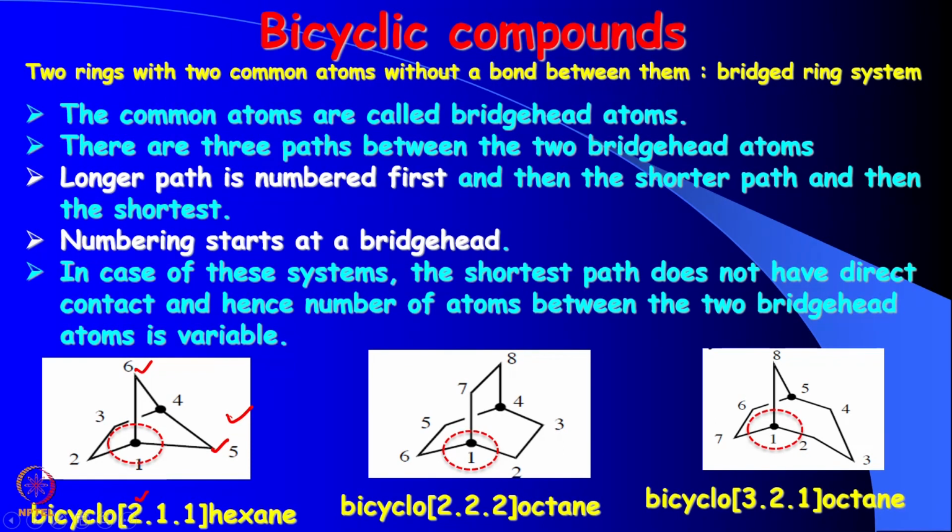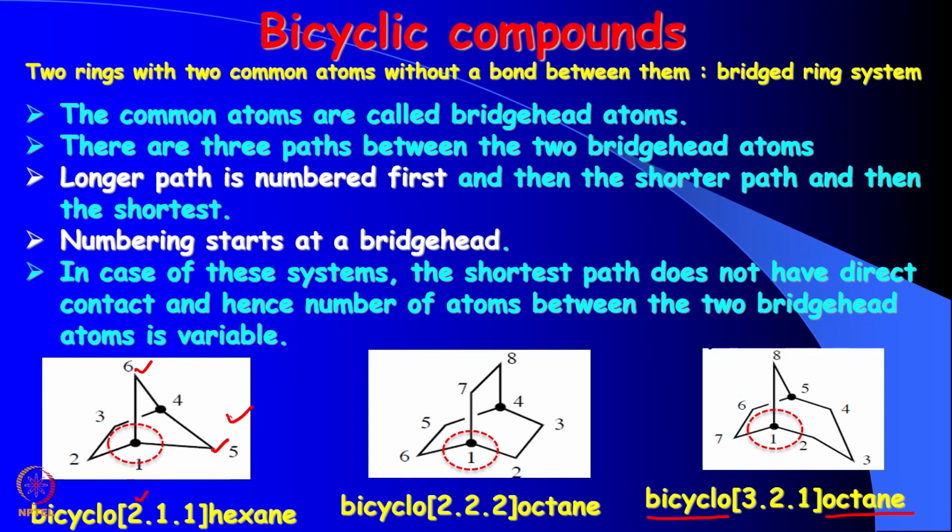So, in the same manner, the third one here we can see that it has 2 bridgehead atoms. We start numbering from one of them, number it in the longest ring first and then the shorter ring, and then we write it as octane because there are 8 carbon atoms.